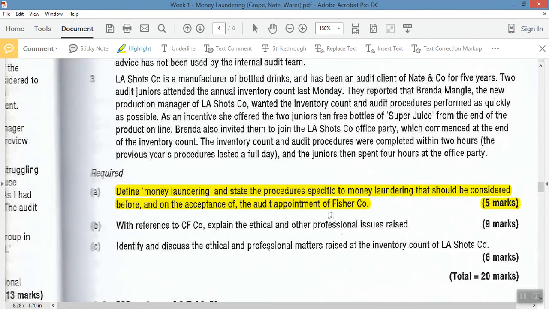Before accepting the client, what should the auditor do? On acceptance, what should the auditor do? Easy. Before acceptance means what? Know your client, client identification. Okay, so here you have 5 marks. 1 mark will go for the definition and 4 marks will go for the procedures before and on acceptance.